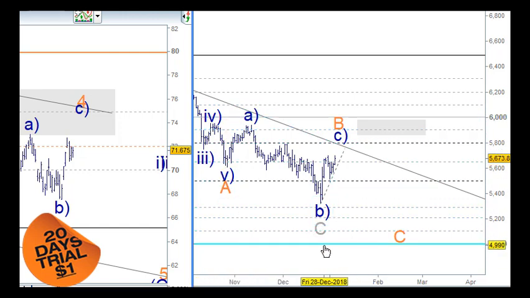If we have to accept this as the third wave here, then we need to call the low in here as 5 waves down to finishing here as an A wave, a B wave, that B wave over here, and a C wave here. So yes, the markets can push up higher, back up to either the 50-60% retracement level here, or to the 5-8 here. So there is upside here, it's just how much upside.